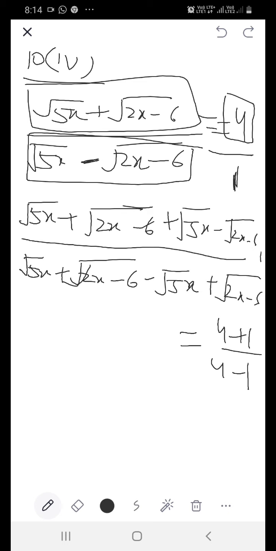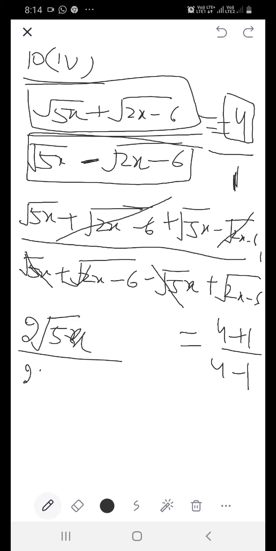Now you see in the left hand side, this cancels out, being positive and negative, and you have twice under root 5x. And in the denominator, under root 5x cancels out because of opposite signs, and you are left with twice under root 2x minus 6, which becomes equal to your right hand side, 4 plus 1 is 5 upon 3.